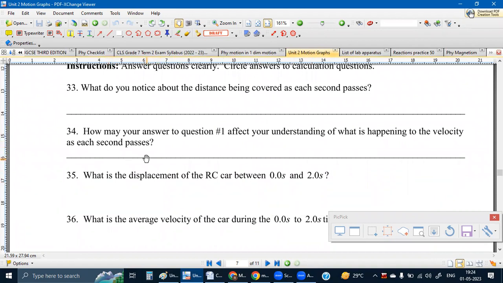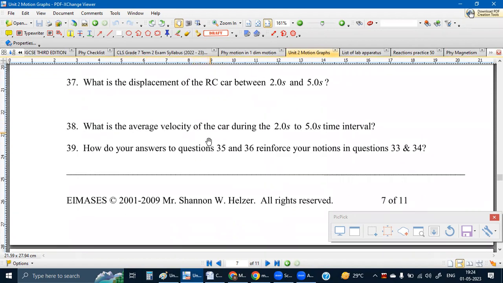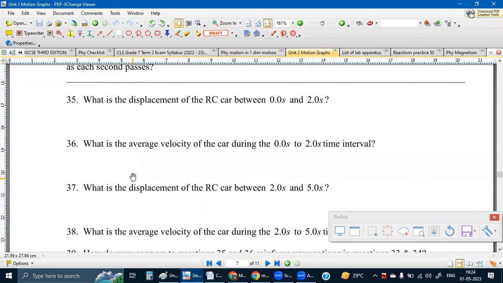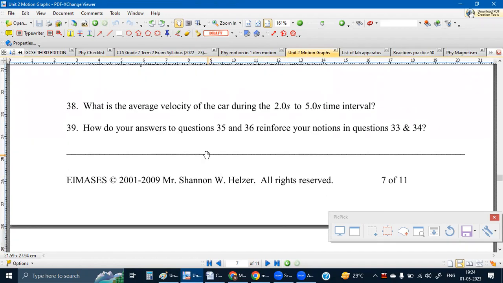Your answer to question 1 affects what is happening to the velocity: velocity is increasing. In 35 and 36, what is the displacement? Okay, the amount of displacement is increasing, therefore the velocity is also increasing. This is what we mean to say. I'm writing this answer. As the displacement is increasing, the velocity is also increasing.